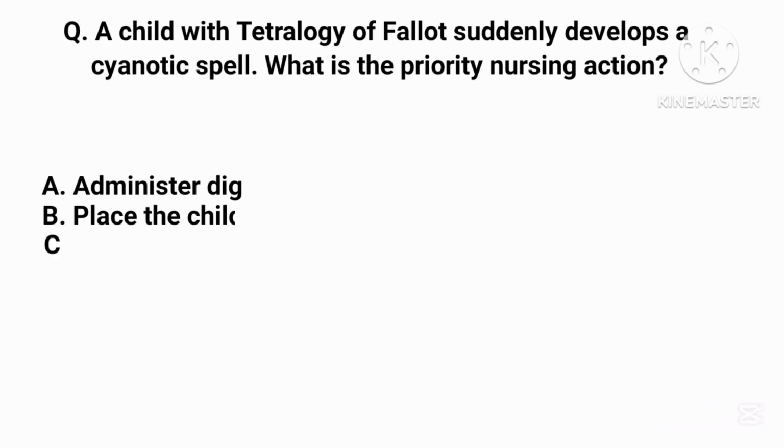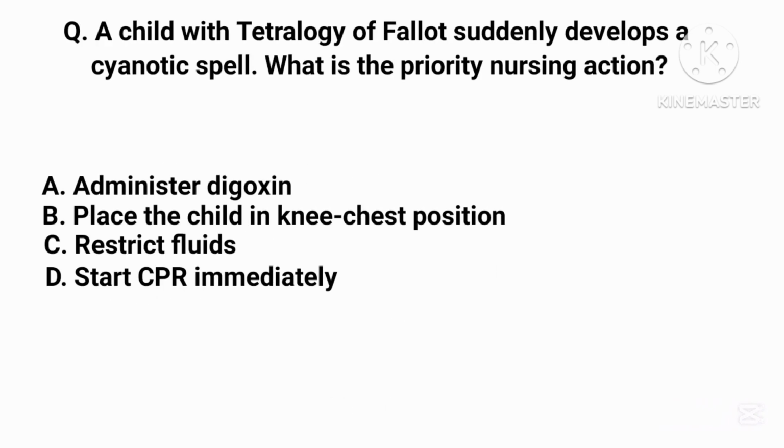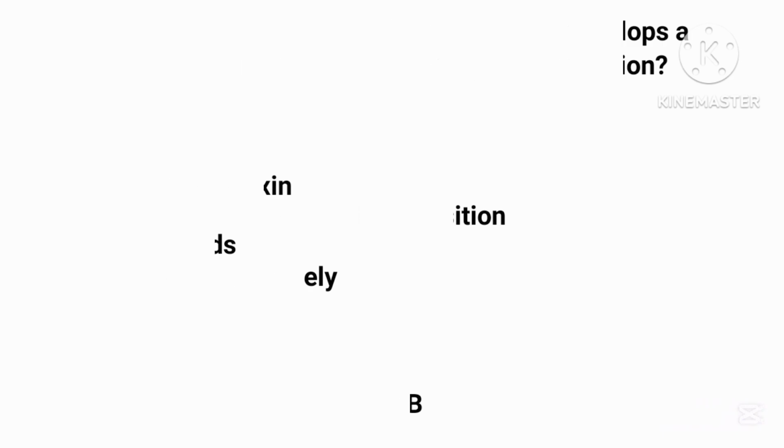A child with tetralogy of Fallot suddenly develops a cyanotic spell. What is the priority nursing action? Correct answer is option C, place the child in knee-chest position.